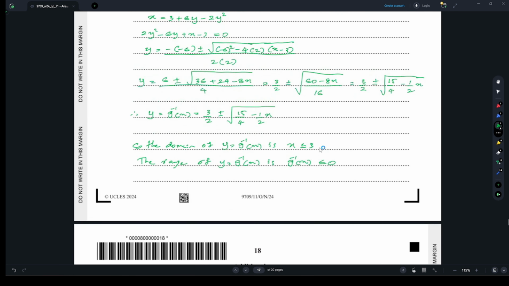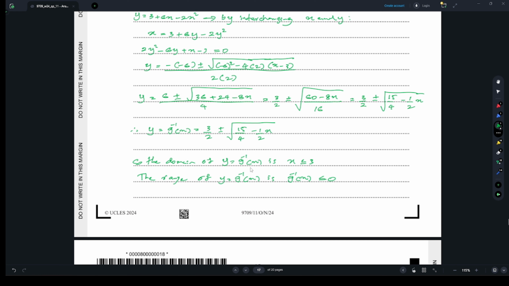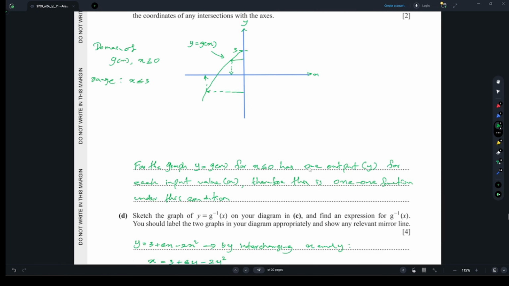So now we can indicate here. The domain is x, I will use blue color. So this is 3. So the domain should be less than or equal to 3. Okay, so then we are moving to the right.